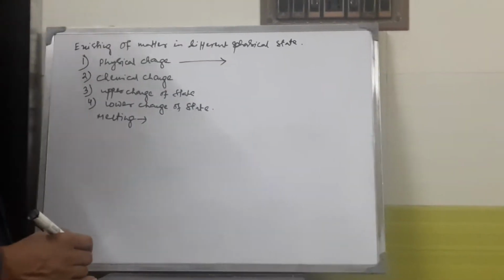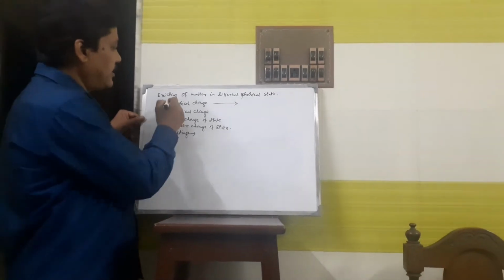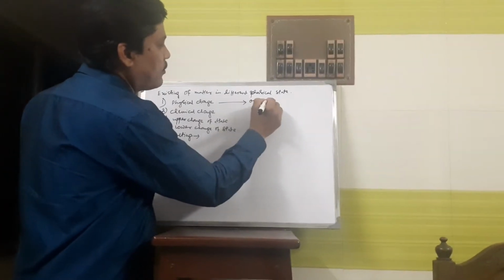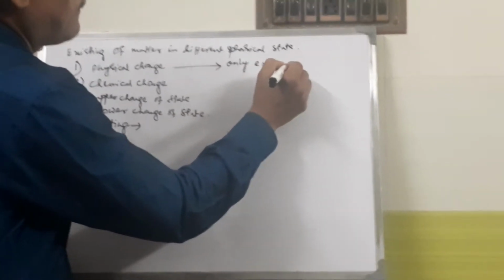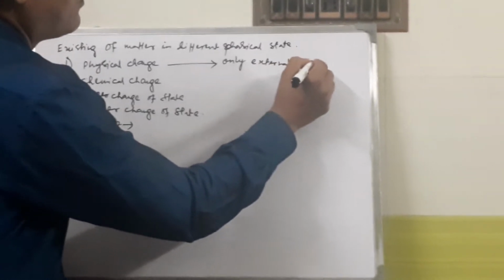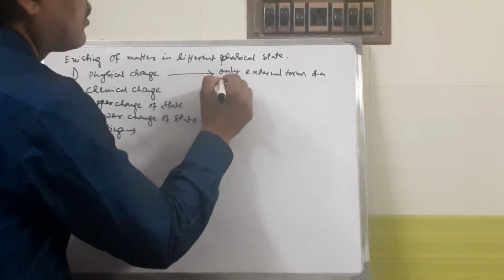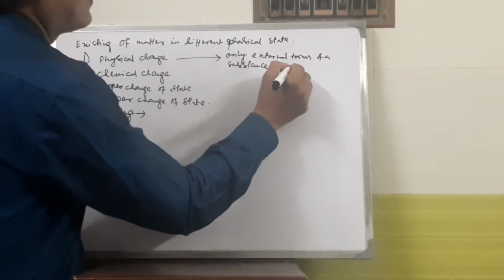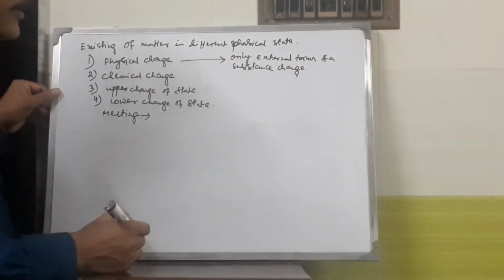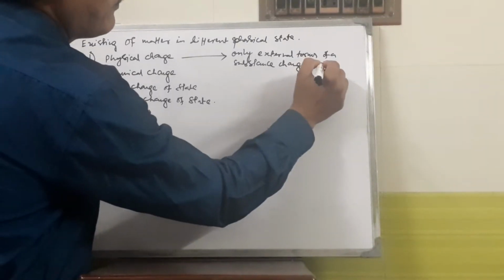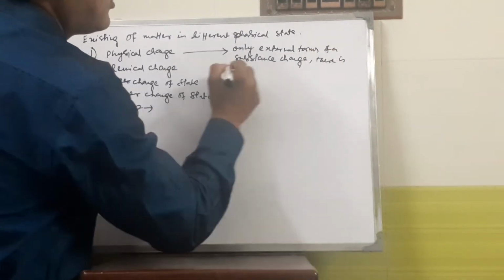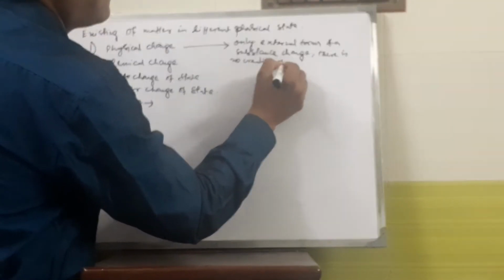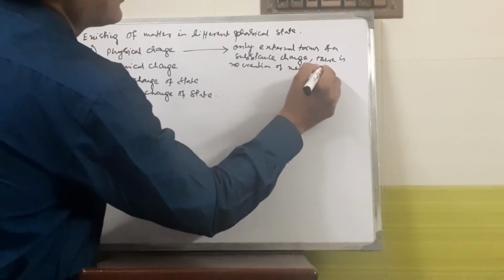Physical change of a matter is the change in which only external forms of a substance change. There is no creation of new substance.